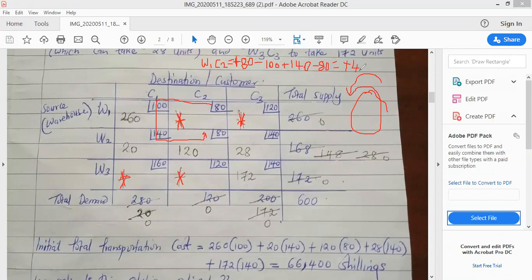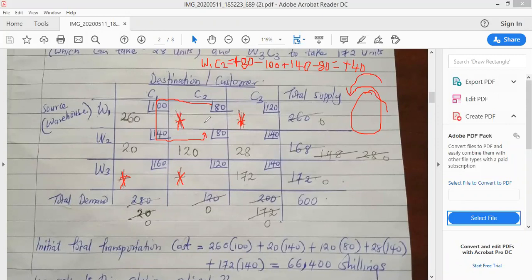So that is the shadow price of our first empty cell, W1C2. I've gone round using the anti-clockwise method as I get the value of that particular shadow price for one of the empty cells, W1C2.